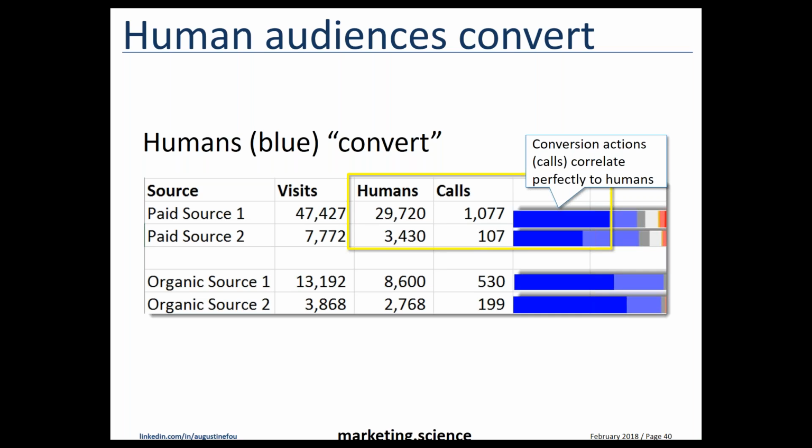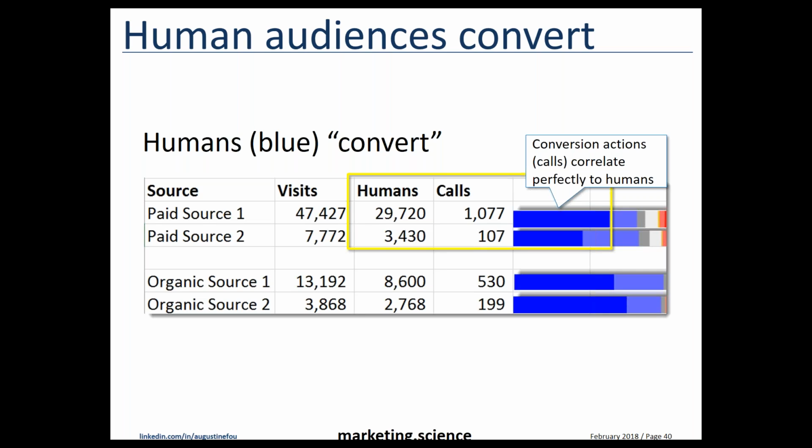When we look at the number of visits, out of 47,000 visits, if we take roughly 60% is dark blue, that's 30,000 humans. And those 30,000 humans led to 1,000 phone calls of people who are actually interested. If you look at paid source 2, we have fewer visits, but we also have fewer humans. So in this case, there's 3,000 humans, so about a tenth of the line above it. You'll see that it drove 100 calls.